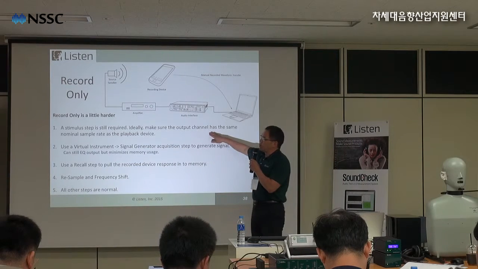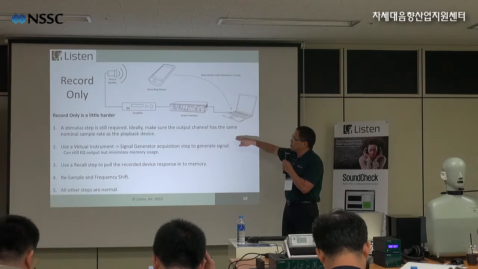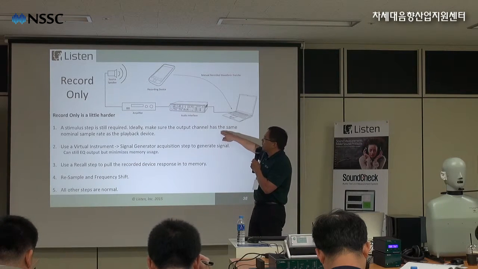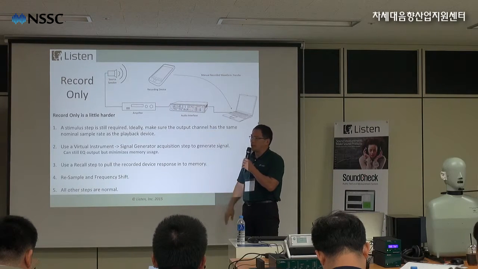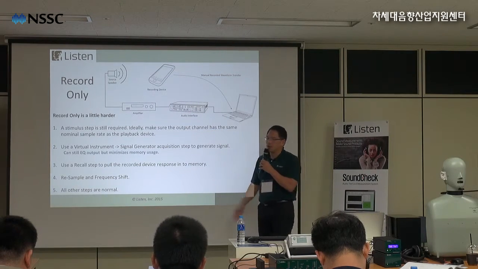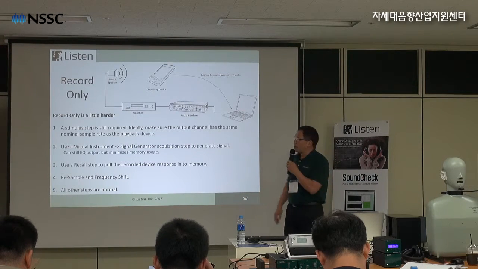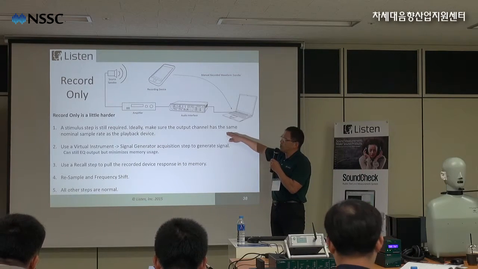You still need to have a stimulus step, just like we have before. Ideally you want to make sure the output channel has the same nominal sample rate as the playback device. That's not always possible, for example, a Bluetooth speaker. But if you can't, either way you can make it work.